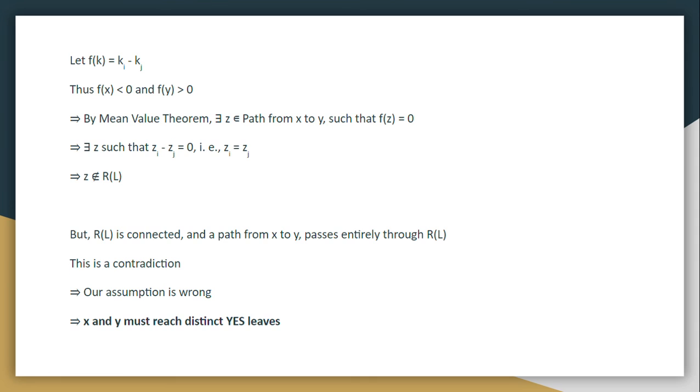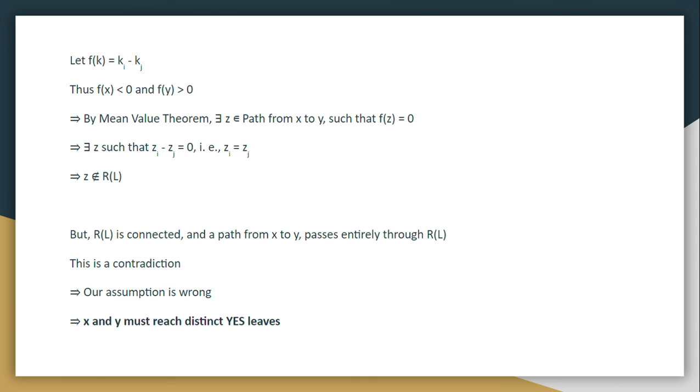But what did we just see? That z does not belong to RL. This is a contradiction. And as we reached a contradiction, that means that our assumption was wrong. What was our initial assumption? Our initial assumption was that X and Y, two different permutations of the same set of elements, reach the same yes leaf L, and thus both of them belong to RL.